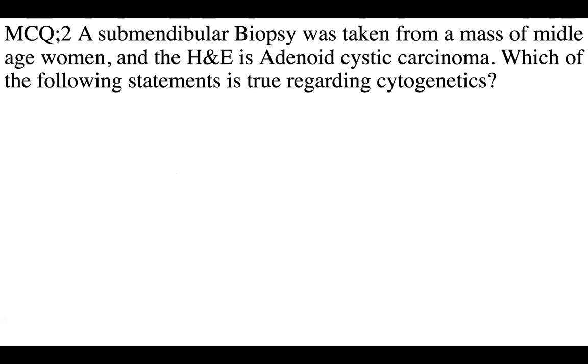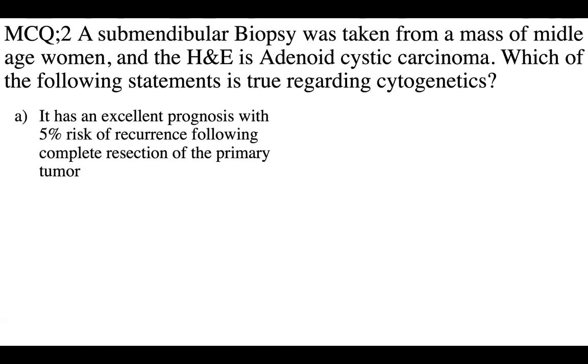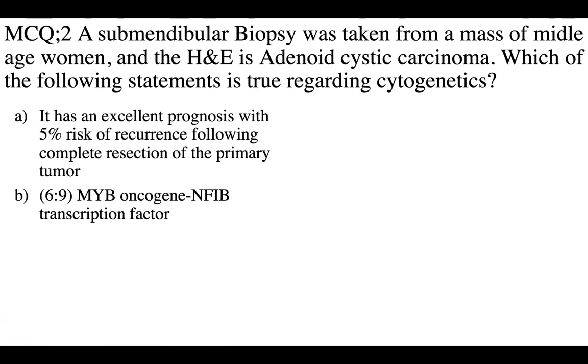Another MCQ scenario: a submandibular biopsy was taken from a mass in a middle-aged woman and had H&E stained adenoid cystic carcinoma. Which of the following statements is true regarding the cytogenetics? Very, very important MCQ questions.